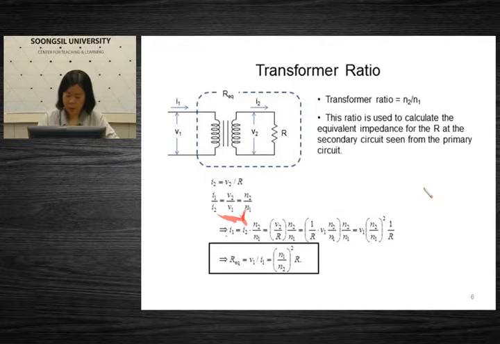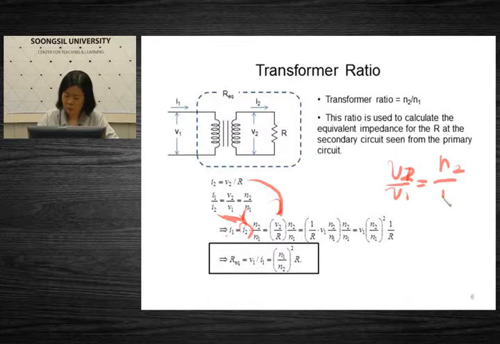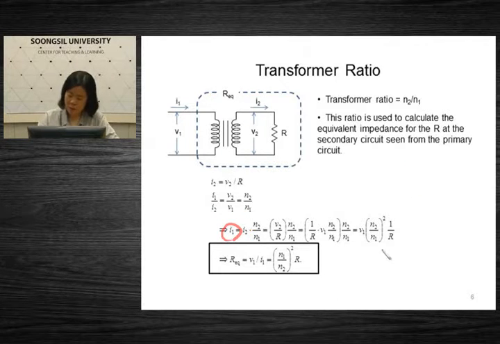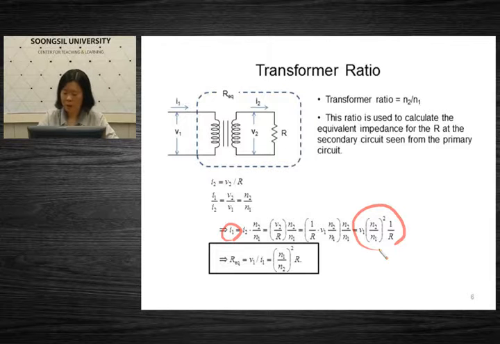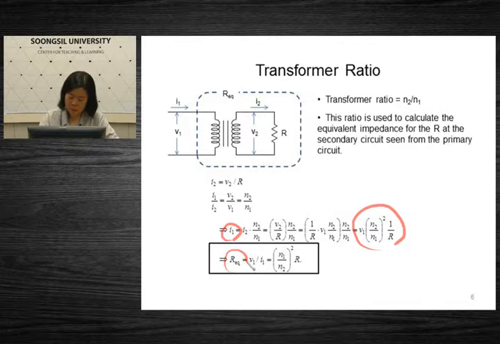Now, I2 is V2 over R, so let's put this here. Then, we also know V2 over V1 is N2 over N1, so let's put it here. At the end, I1 is the same as V1 times N2 over N1 squared times 1 over R. That means R equivalent, which is defined as V1 over I1, equals N1 over N2 squared times R.